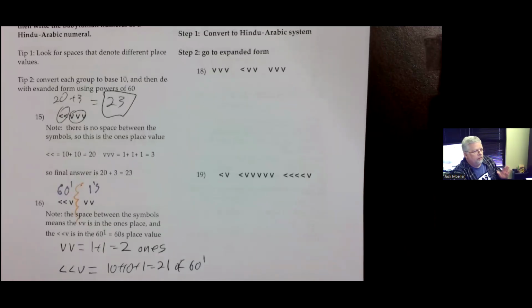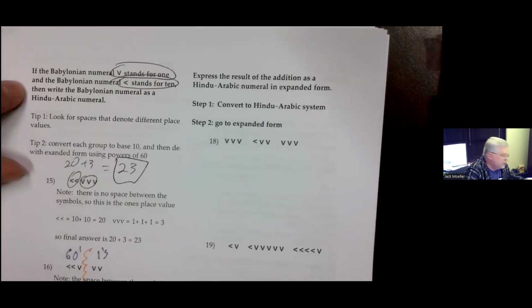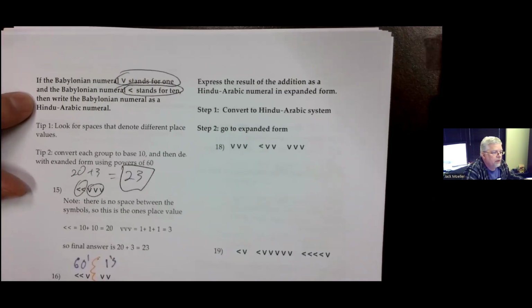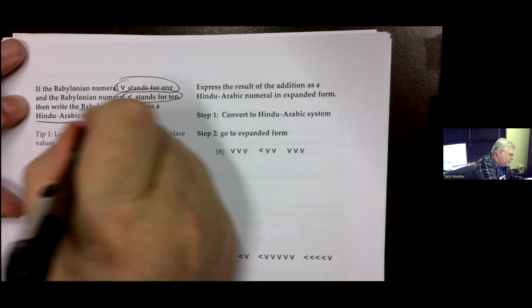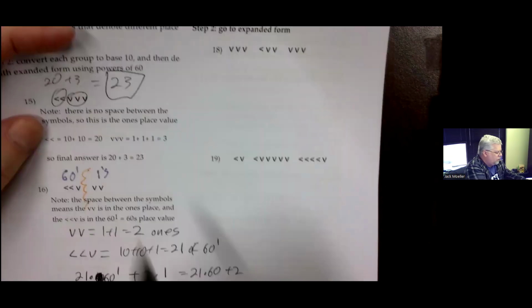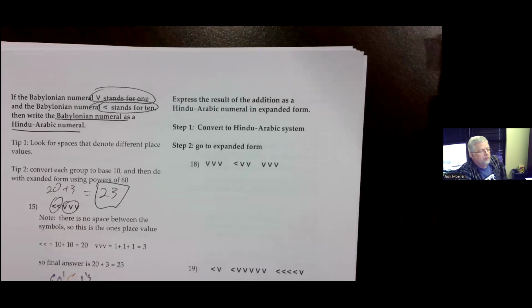Okay. Now here's where you have to be careful and read the instructions. In these problems, it said write the Babylonian number as a Hindu Arabic number. So that's why we were done when we had the 1262, 1152, because that's a Hindu Arabic number. That's a normal number. Look at the instructions now. Express the result of the addition as a Hindu Arabic number in expanded form.